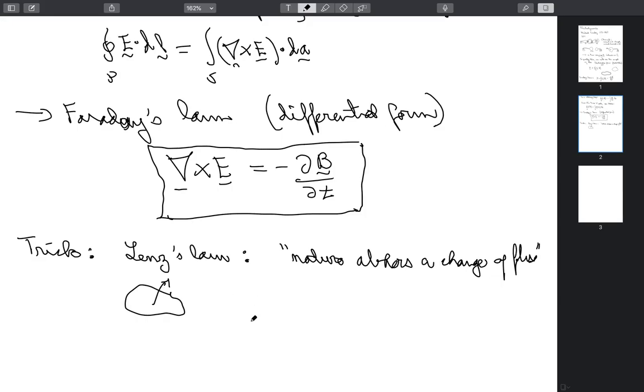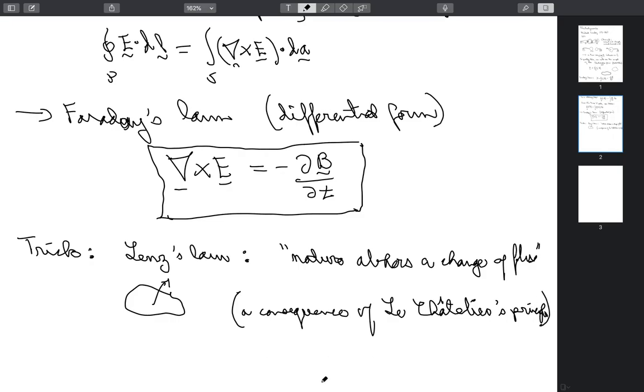Actually, just a side note here, this is a consequence of a principle called Le Chatelier's principle. So what does Le Chatelier's principle tell you?